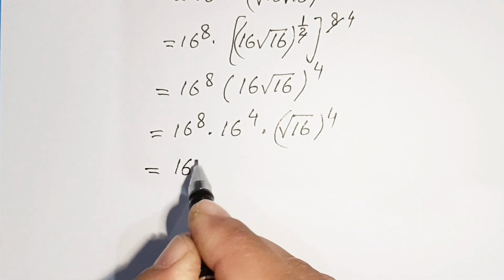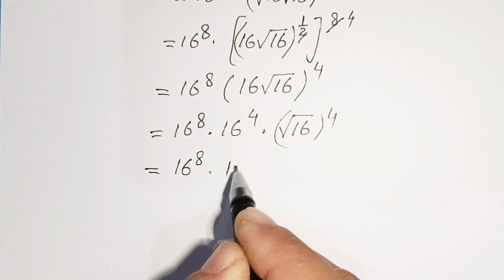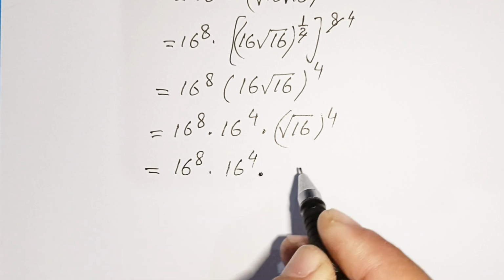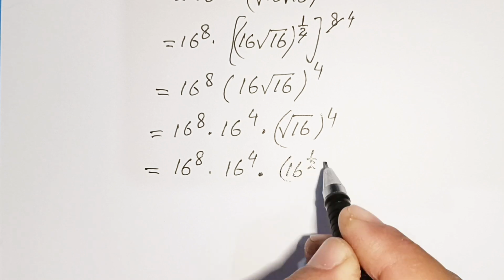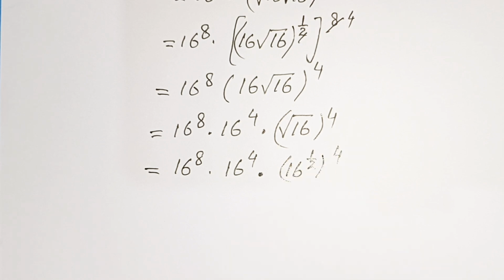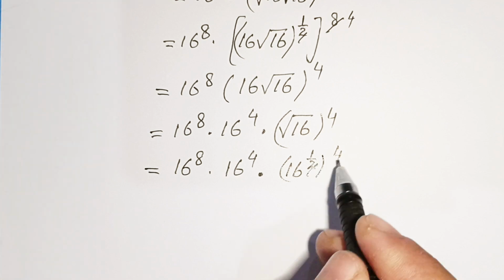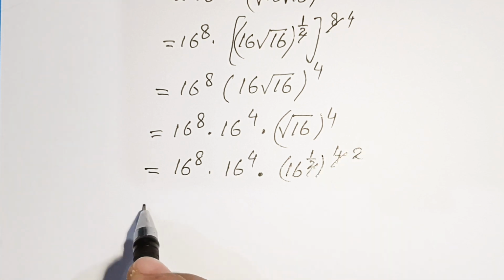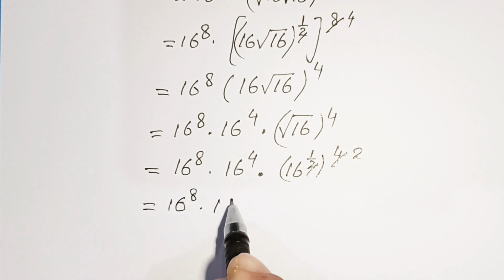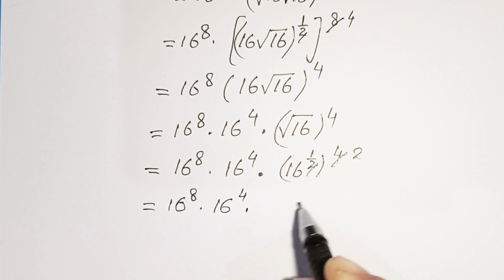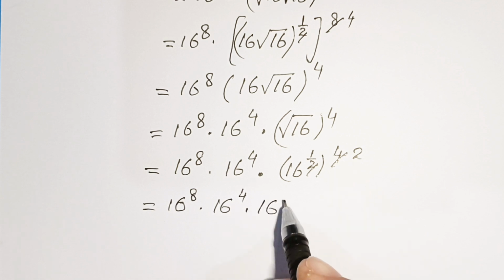Then our next step will be 16 to the power 8 times 16 to the power 4 times 16 to the power 1 over 2 and whole to the power 4. Now 2 times 1 is 2, 2 times 2 is 4, then we get 16 to the power 8 times 16 to the power 4 times 16 to the power 2.